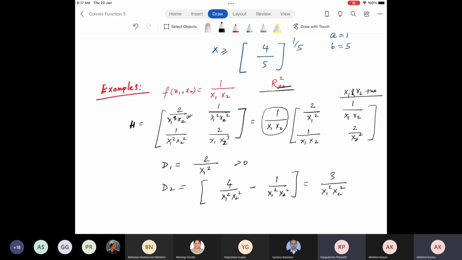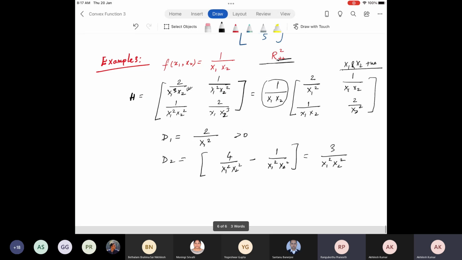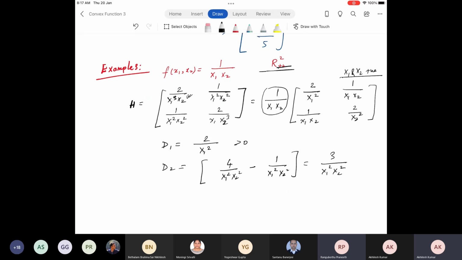Praneeth? No sir, no sir. I took it in finding the determinant. I kept x1 x2 differently. So, is this greater than 0? Yes sir. So, both D1 and D2 are greater than 0. So, what is the nature of the matrix? Positive definite. It is positive definite.